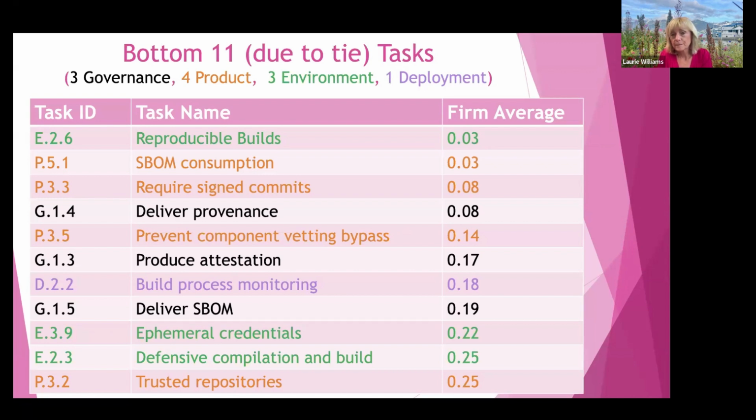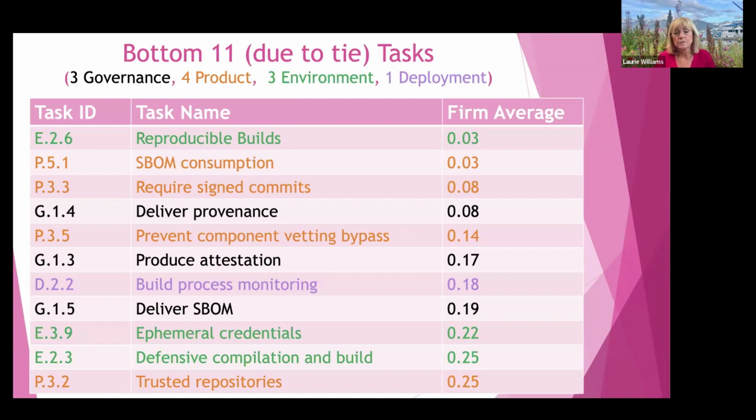Deliver software bill of materials. So in the bottom 10, consuming a software bill of materials or delivering it is quite low. The task around building or producing a software bill of materials is higher, but once you produce it, nothing seems to be happening with them.